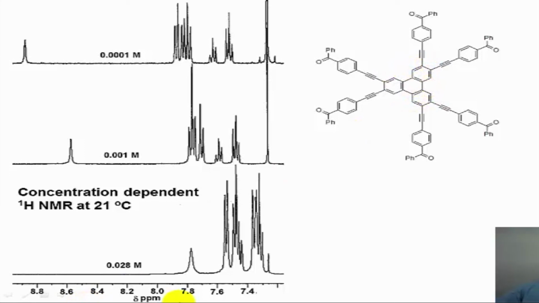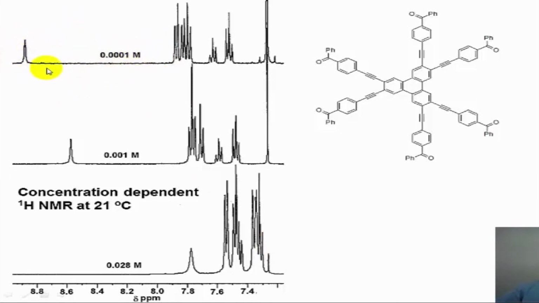These 6 hydrogens appear as a singlet at around 7.8 delta ppm in the concentrated solution. When the solution is diluted, they come all the way to about 8.9 ppm or so. This is essentially because the dilution causes the dissociation of the aggregate that is originally formed. In concentrated solution, you have an aggregated molecule, whereas in a dilute solution, you have dissociation to a monomeric system.